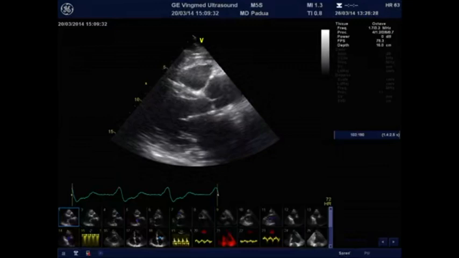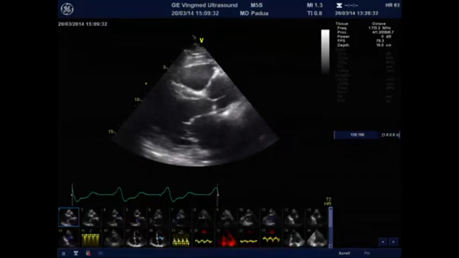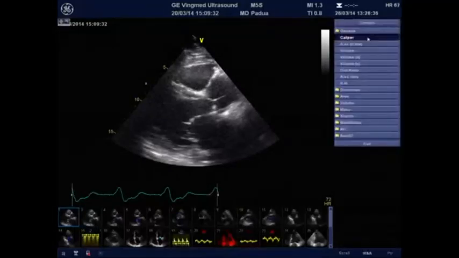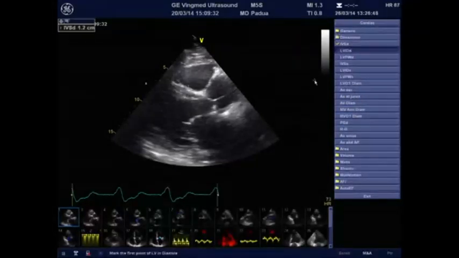This can be done just by freezing your image on a diastolic frame, and then you start measuring directly on the 2D images. You measure the thickness of the interventricular septum using the leading edge technique like this one, and then the thickness of the posterior wall.